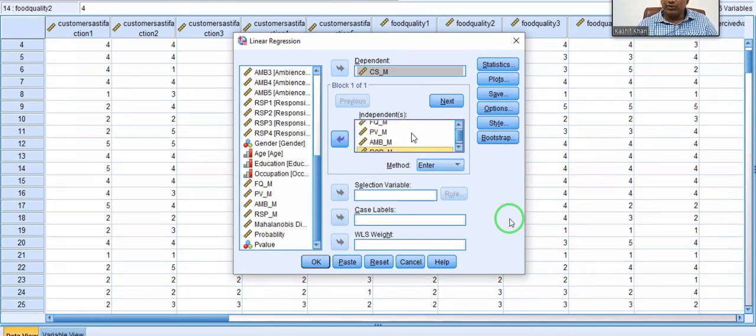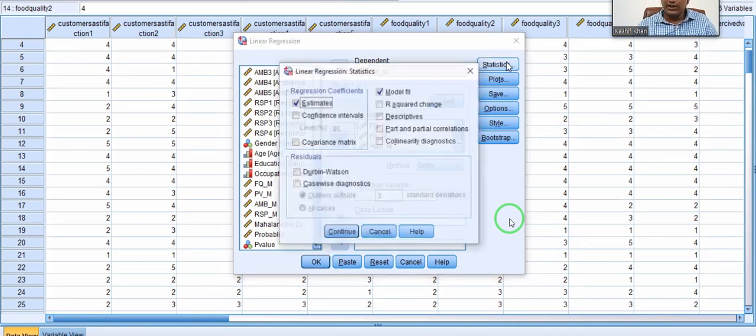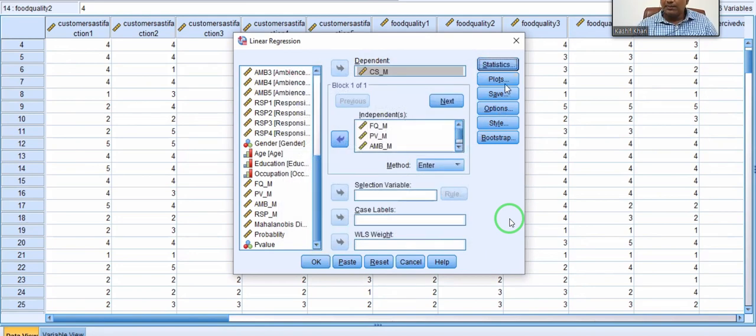We believe these four are able to predict customer satisfaction. In Statistics, we don't need R-squared change or collinearity diagnostics; let's include covariance matrix. We don't need any plots as of now. Just run it.